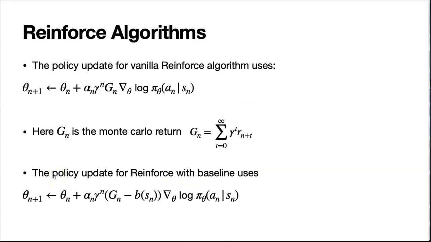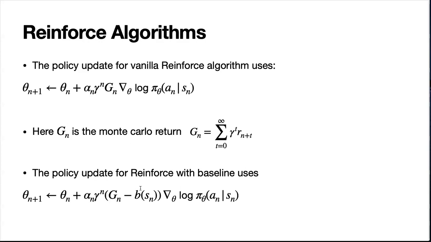Just to summarize what we have seen so far, the update rule for the vanilla reinforce algorithm is given by this expression, where we take the gradient of the log likelihood of the policy and multiply that with the Monte Carlo estimate Gn. On the other hand, for reinforce with baseline, we replace just this Monte Carlo estimate Gn with this term, Gn minus a baseline over Sn.